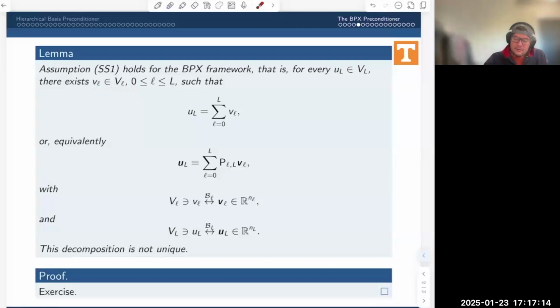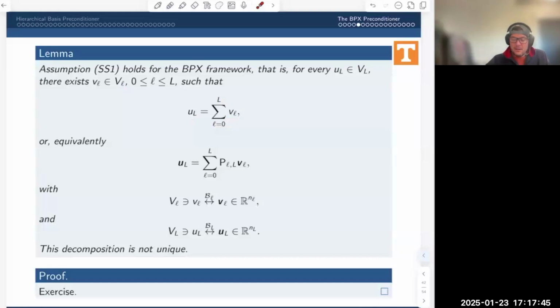Can you write a finite element function as a decomposition of a bunch of finite element functions from this hierarchy of spaces V_l? Well, there's a trivial one. We could just take all of them to be 0, except for v_L, that is whenever little l is equal to capital L, and just set that equal to U_L.